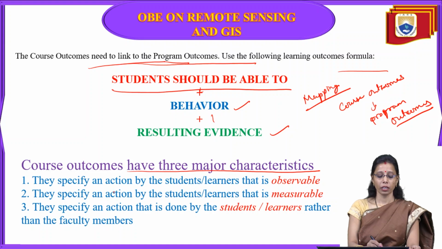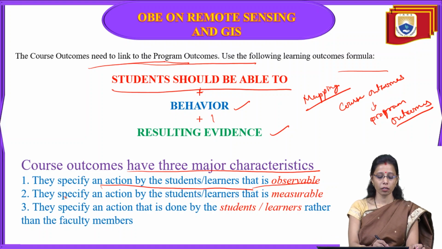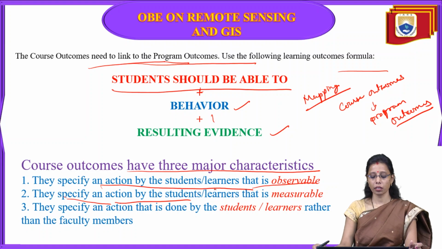One, they specify an action by students or learners that is observable, which should be observed by other people. Two, the action should be measurable.